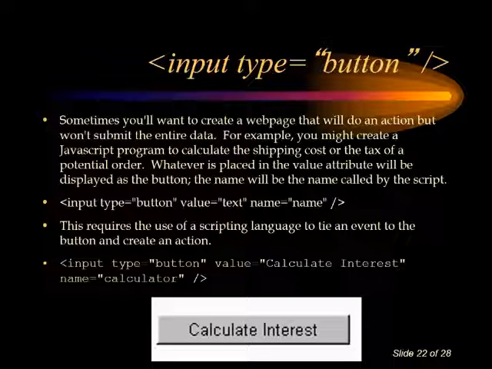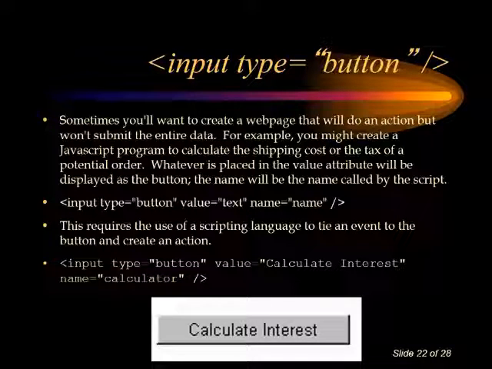Or in the case of an e-commerce site, you might want to have calculate shipping. Or in the case of a webmail, you might want to have check spelling instead of send mail. So the main action would be to send the mail or to purchase the item or to submit the application, and that would be done with the input type equals submit.